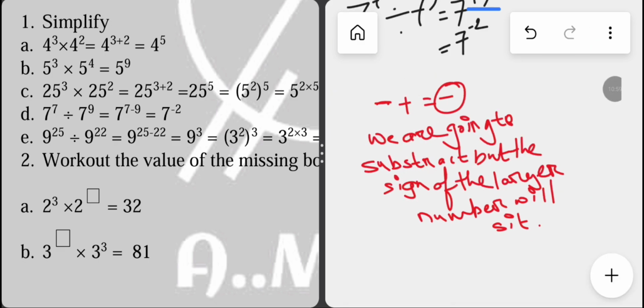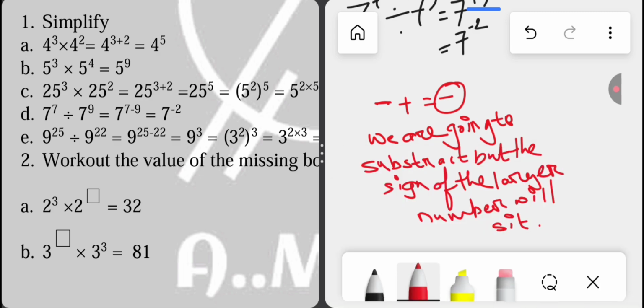It is only applicable for addition and subtraction procedure. See, when two numbers are getting added or subtracted, there is a sign, right? There is a plus sign and there is a minus sign, just like this one.